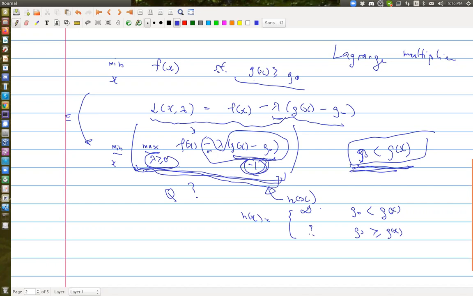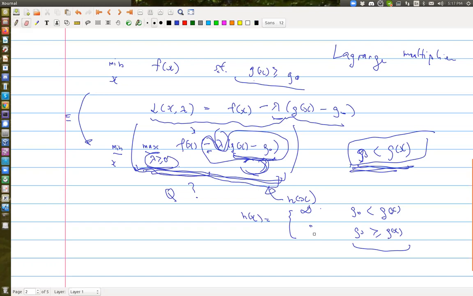If this is satisfied, basically the constraint is satisfied, then this part now will be negative, right? This part is positive, so with the minus sign here it will be negative. I want to maximize this thing, right? The best thing I can do is just set lambda equal to 0, right? Then it will just get me back equal to fx.